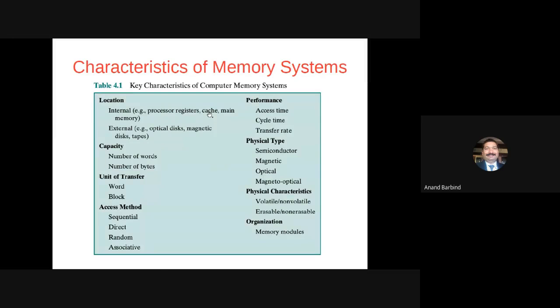So cache is the kind of memory which is faster than the main memory, whereas it is not as fast as the registers. So registers are the fastest memory, you can say.